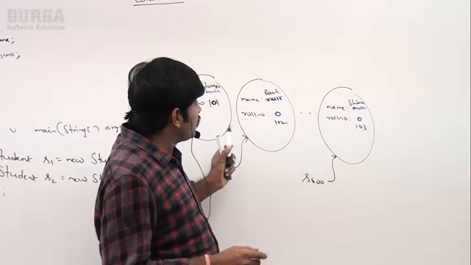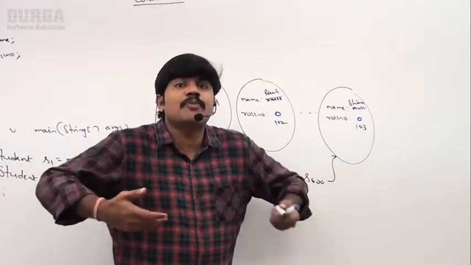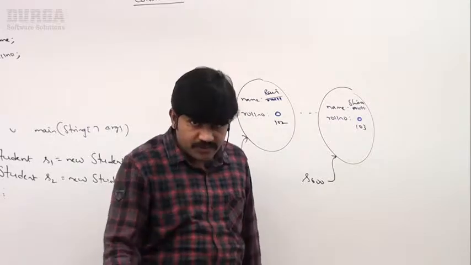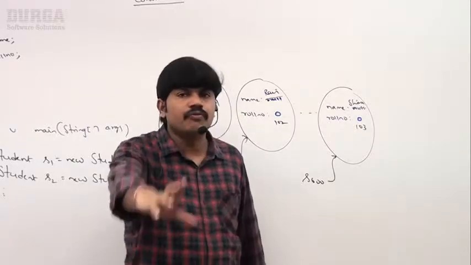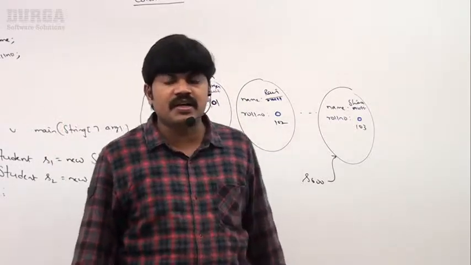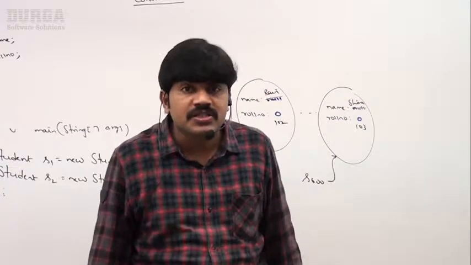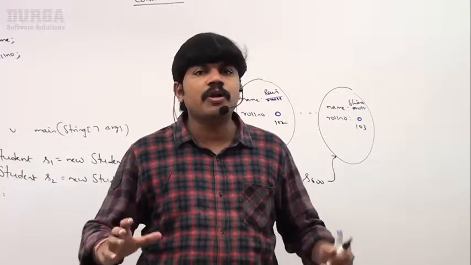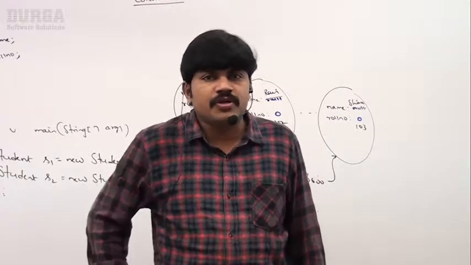Now these objects are in a position to respond properly. That's why once we create an object, we compulsorily require to perform initialization. If you are not performing initialization, the object is not in a position to respond properly. Everyone can understand, right?